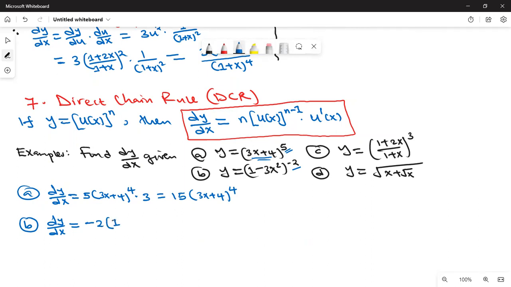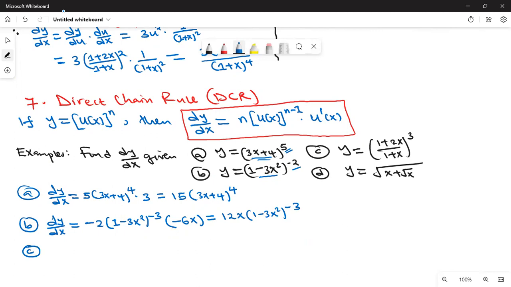So 1 minus 3x squared raised to negative 3. Then now differentiate what is inside the bracket. So times, when you differentiate 1 minus 3x squared, you get negative 6x. And so you can now open the bracket. This should give you 12x times 1 minus 3x squared raised to negative 3.